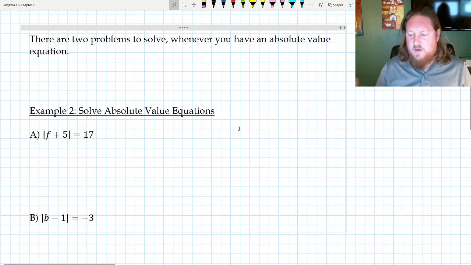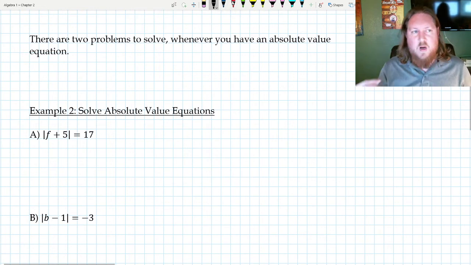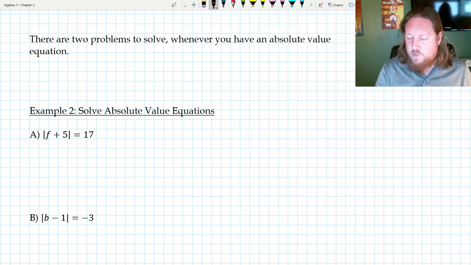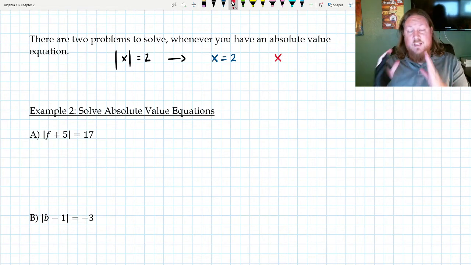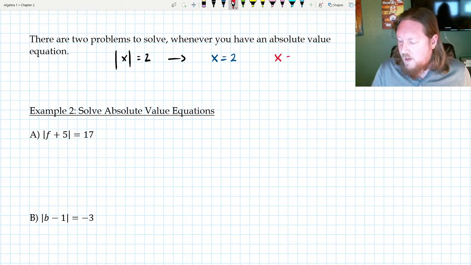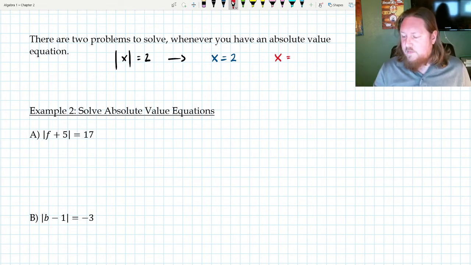Whenever we solve an absolute value equation, because it has that property where whatever's inside becomes positive, there's two. If you have something really simple, like the absolute value of x equals 2, that's going to create two equations. It's going to create a positive version, where you just drop the absolute value and set it equal to 2, or the negative version, where the x stays the same, everything inside the absolute value bar, and what is on the other side of the equal sign becomes negative.